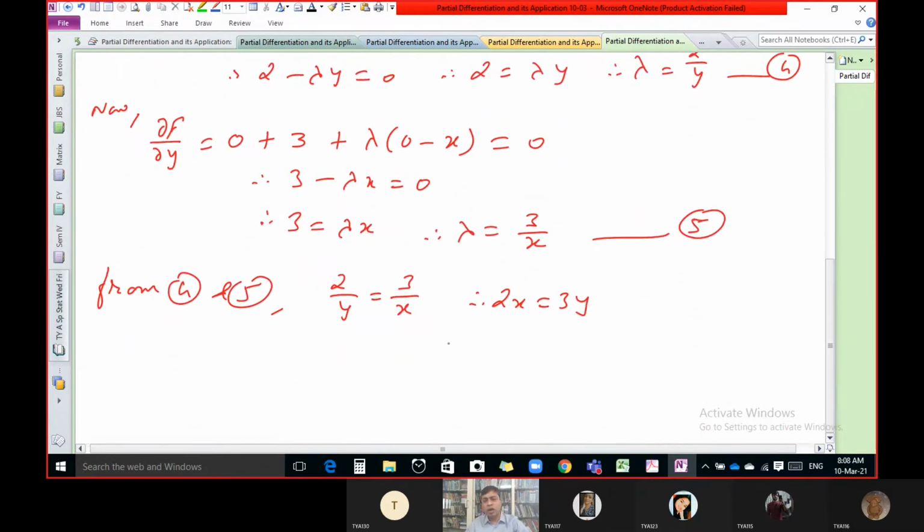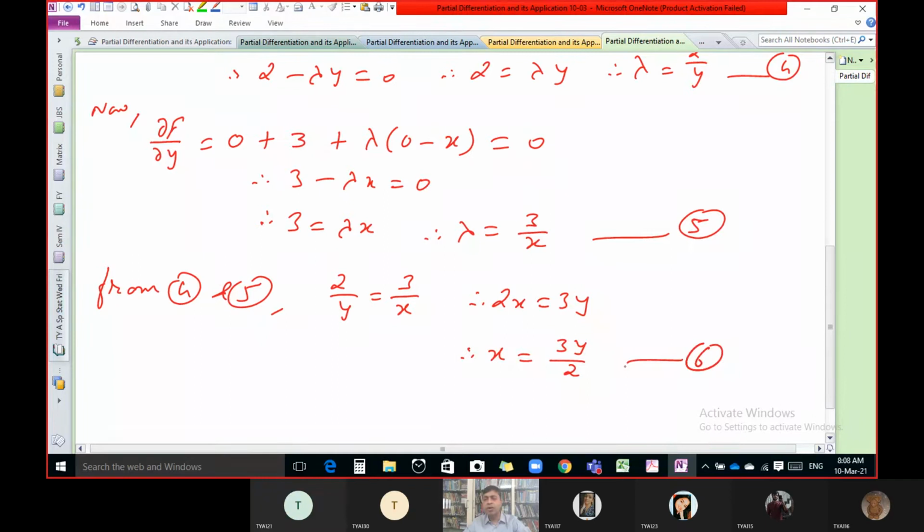That means don't take 3y to the left side and write 2x minus 3y equal to 0. Nothing wrong in it, but we are not able to get the answer this way. Find the value of one variable, let us say x. So take 2 to the other side, so we get x equal to 3y upon 2, and consider that your equation 6.